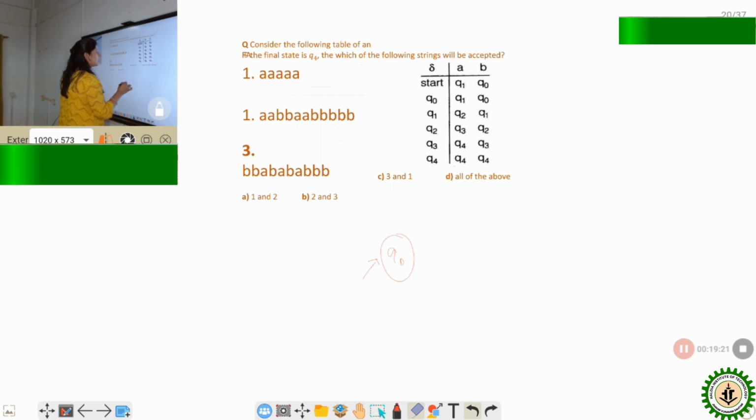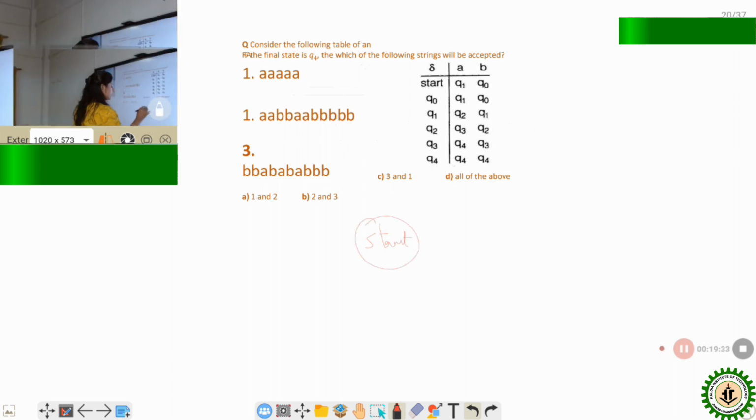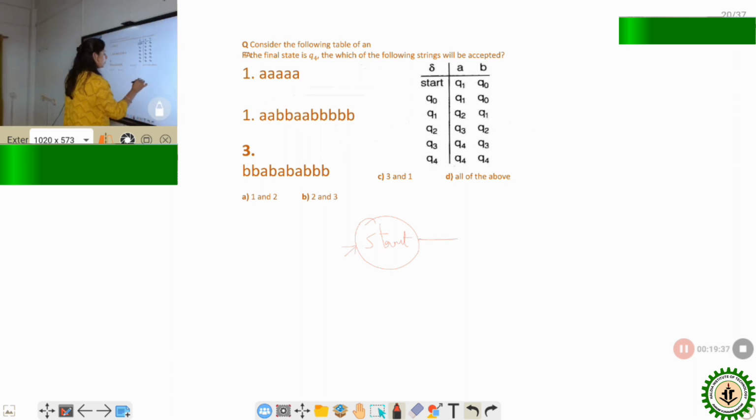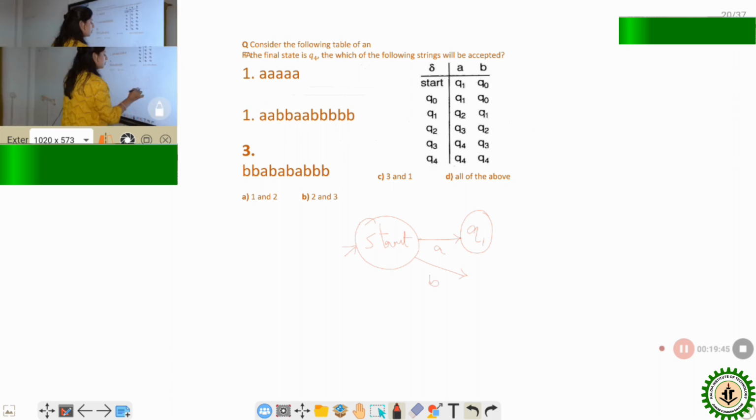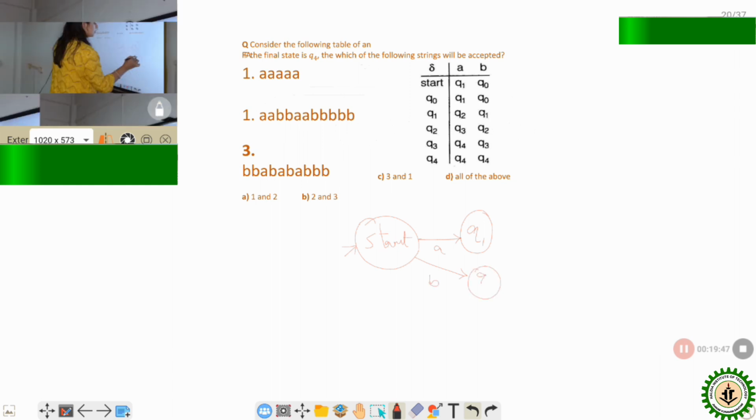The initial state is S, or start. So start is our initial state, and if we apply A on start, it will go to Q1, and B on start, it will go to Q0.